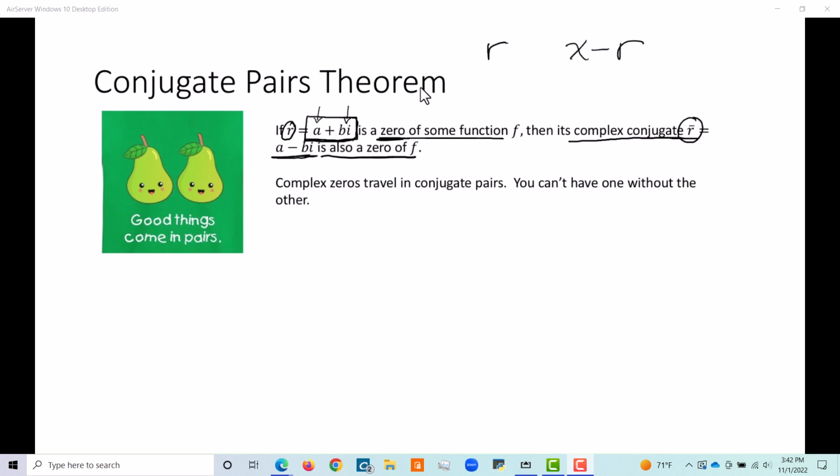They travel in pairs as complex conjugates.